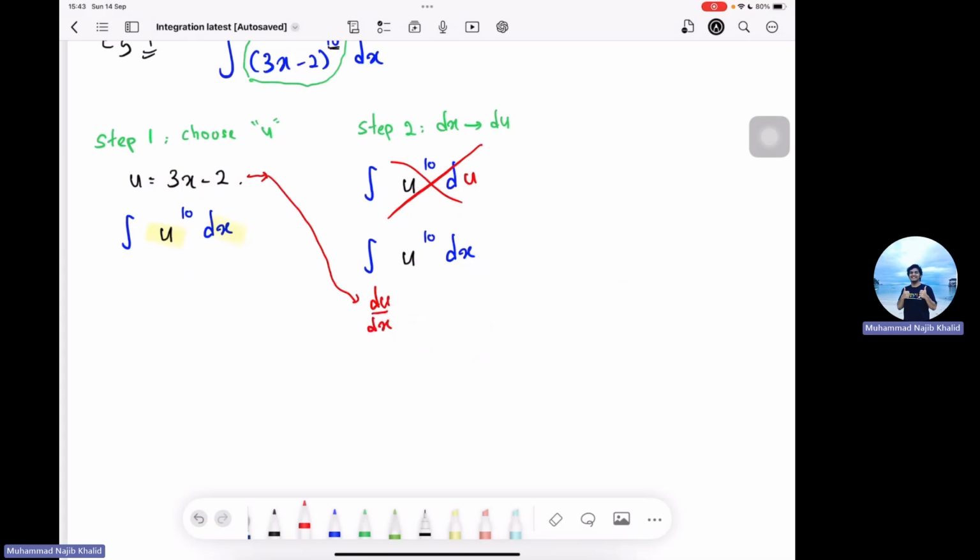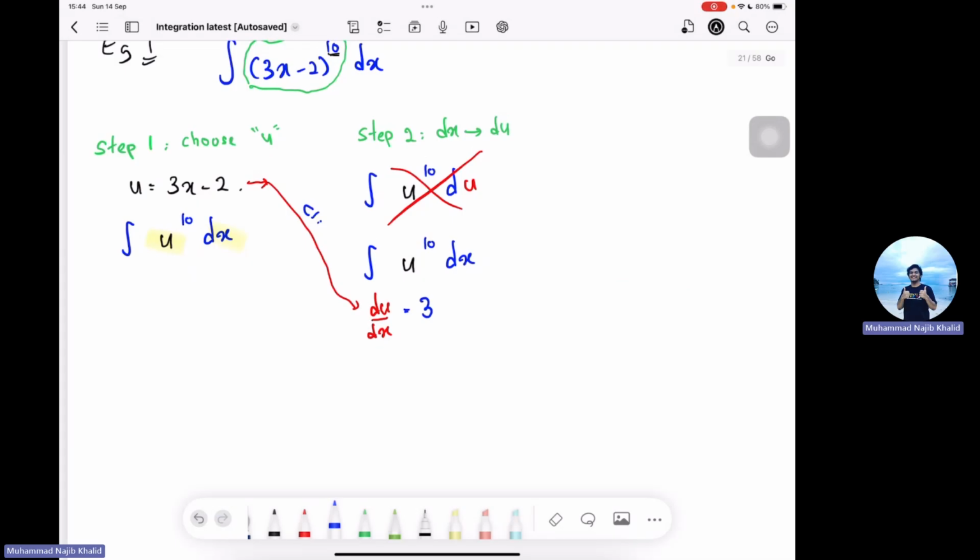From your chapter 1, try to take a look at your notes. Differentiation, the answer will be 3, because 3x becomes 3 and the constant 2 becomes 0.